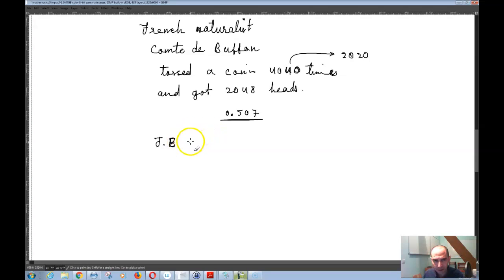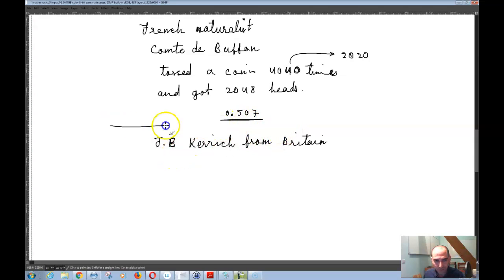Carrick, from Britain, who did the same experiment.